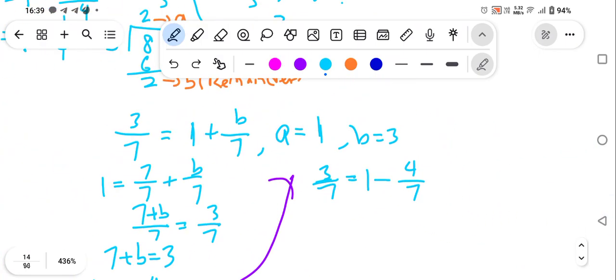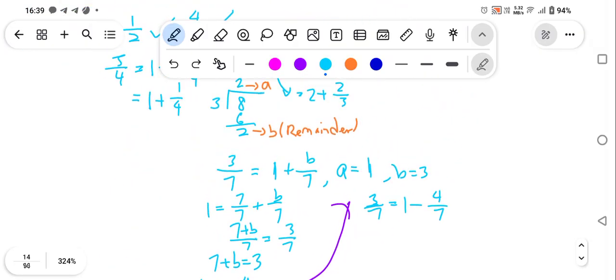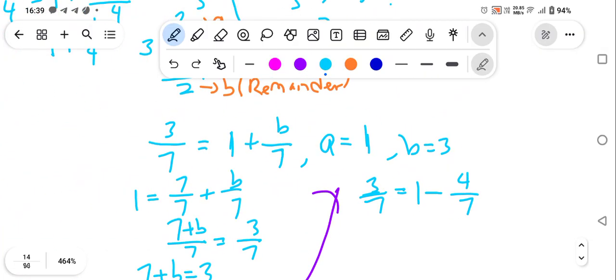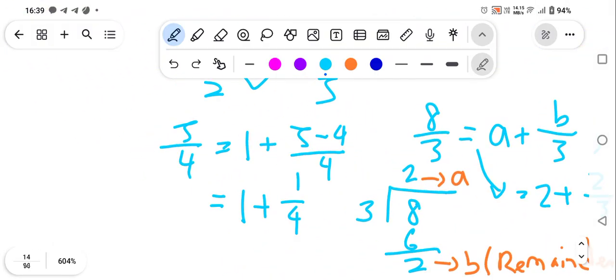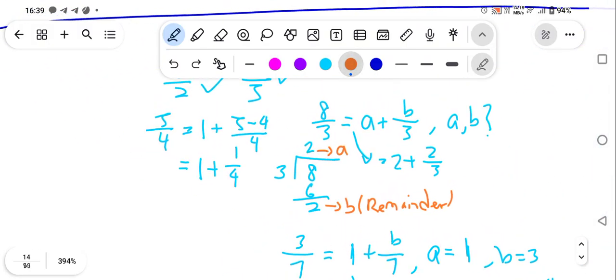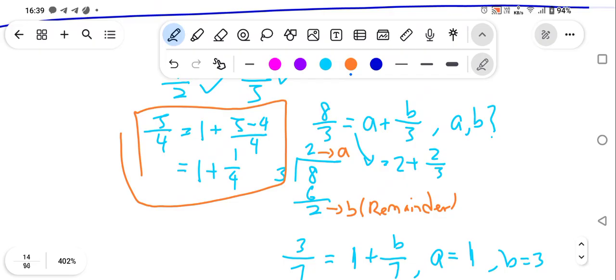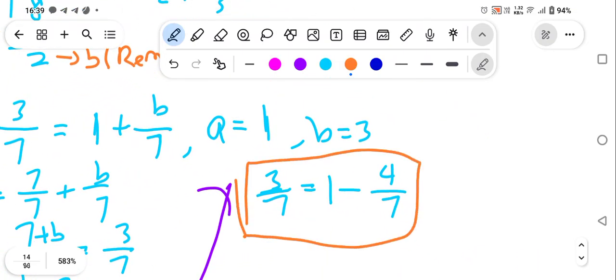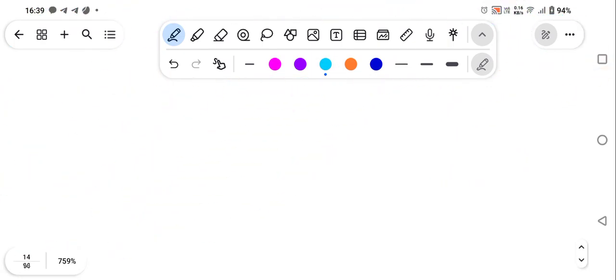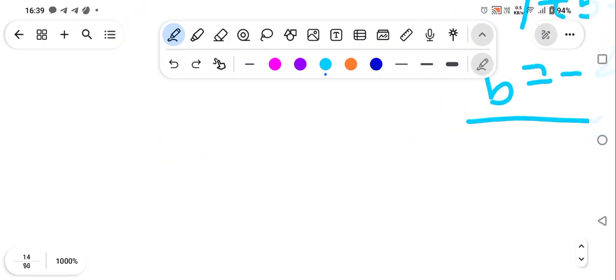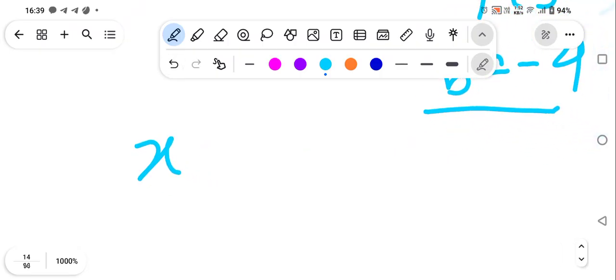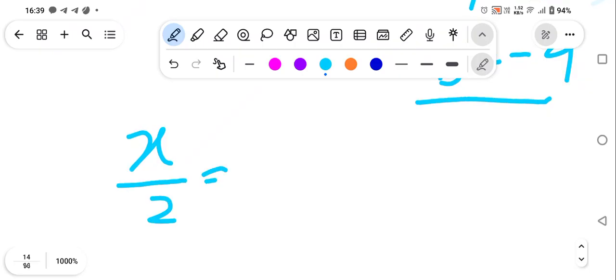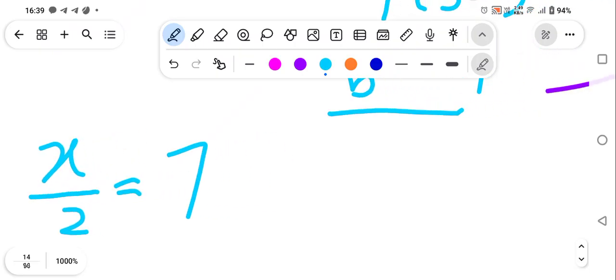Alright, so now we already know some basic tricks. That's about what we need to know before we step into the difficult ones. So let's say we have x over 2 equal to 7.